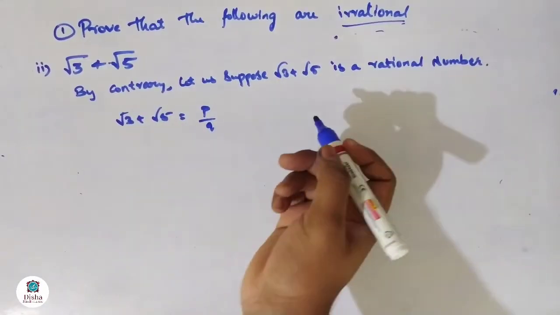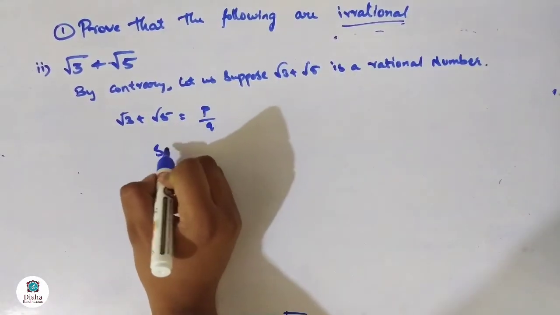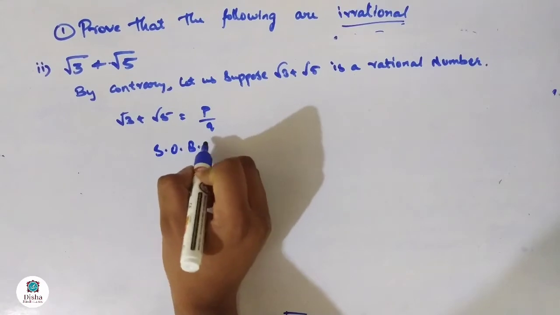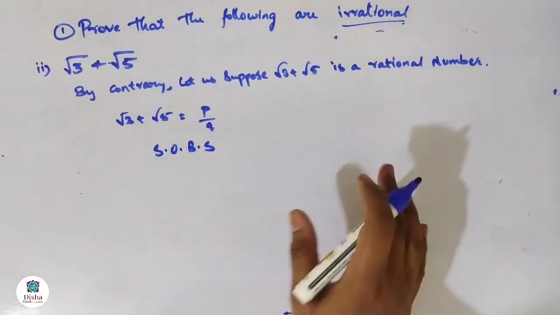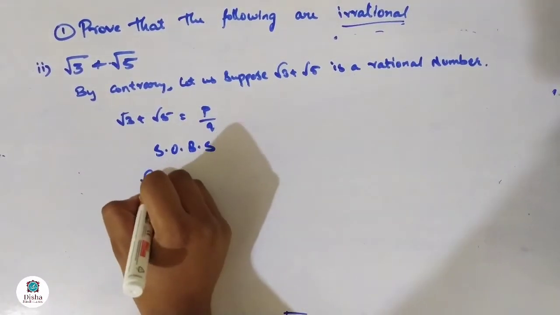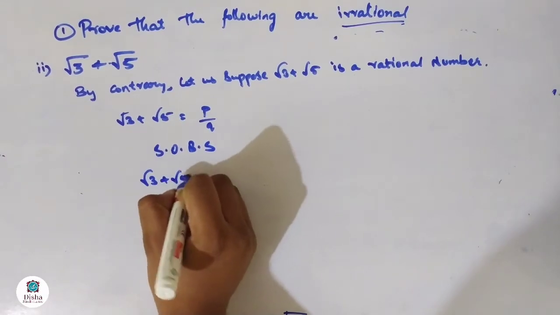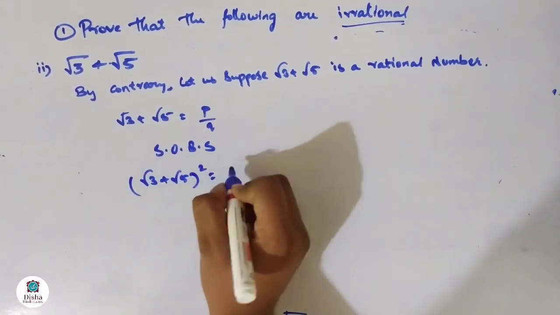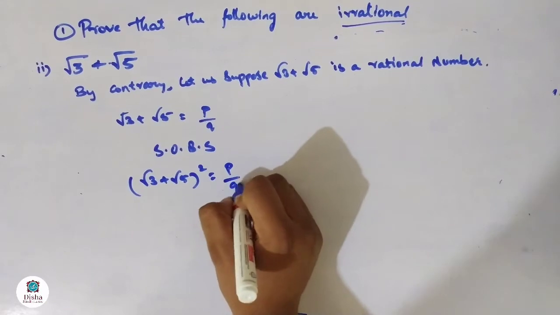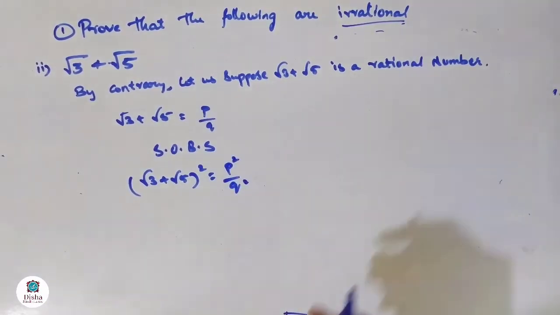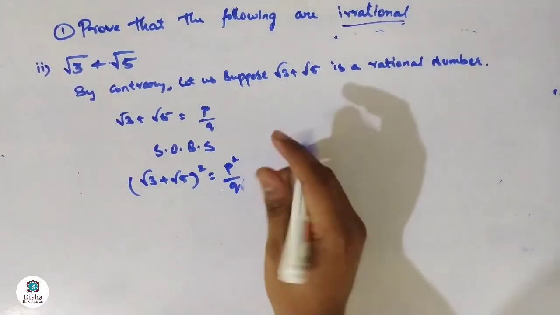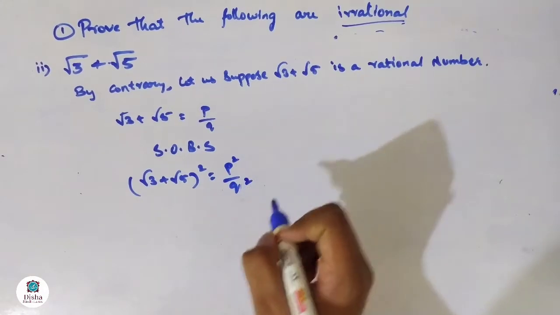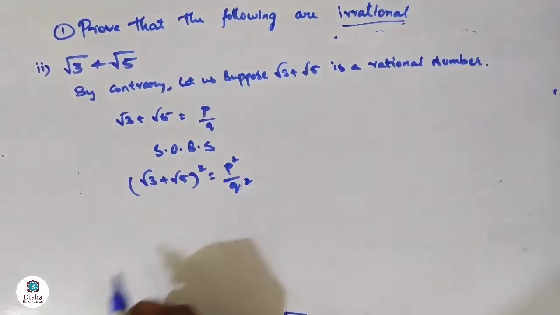So now we can't solve it directly. So square on both sides. Root 3 plus root 5 whole square equals p square by q square, right? So what will be (a plus b) whole square?